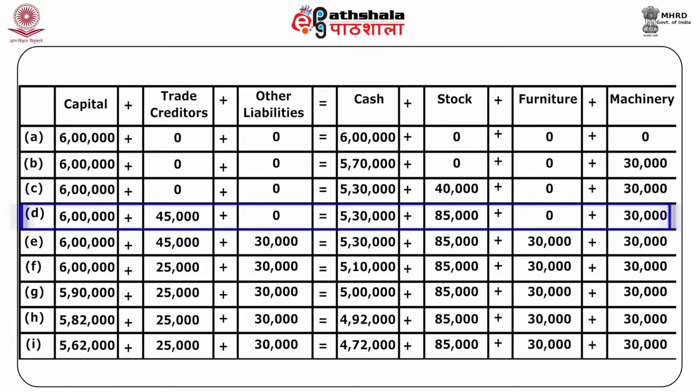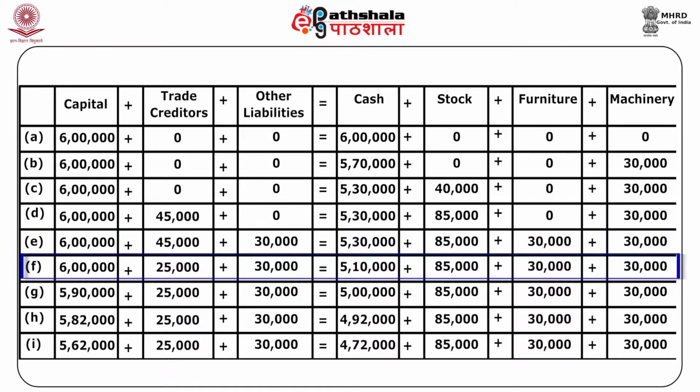On D transaction, we have capital of 6 lakh, 45,000 of creditors, which will give you cash of 5,30,000 plus stock of 85,000 plus machinery of 30,000. In E part, we have 6 lakh of capital plus 45,000 of creditors plus 30,000 of liabilities, which will give you 5,30,000 of cash plus 85,000 of stock plus 30,000 of furniture plus 30,000 of machinery.